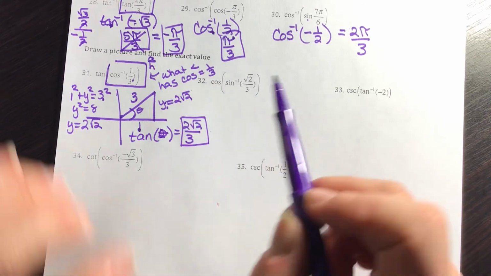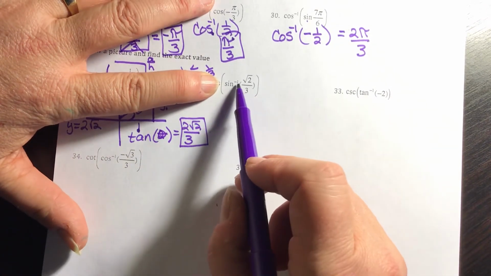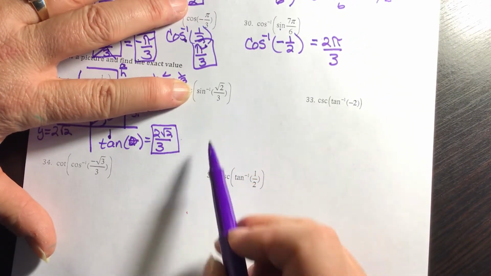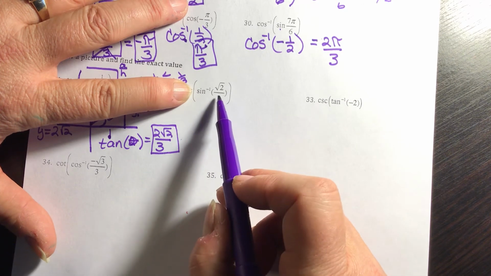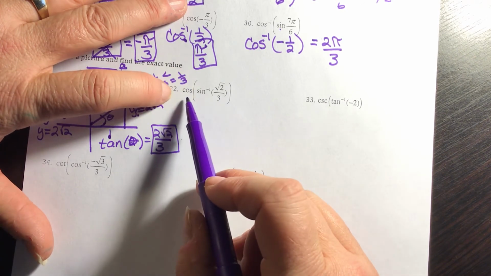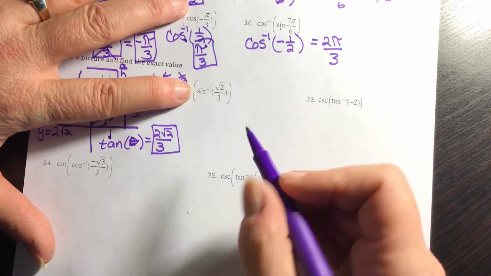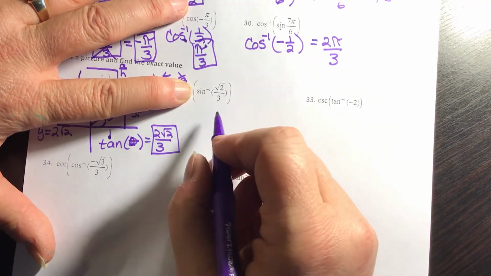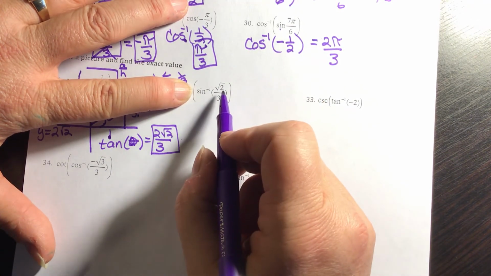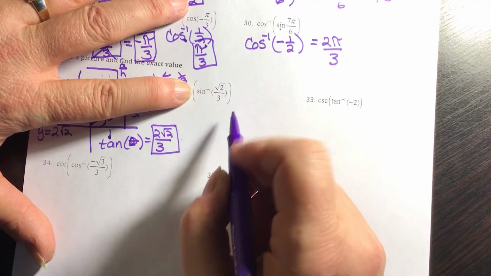All right, next one. I want to find an angle where the sine is the square root of 2/3, and then I want to find the cosine of that angle. So here I have sine, and this is a positive value.